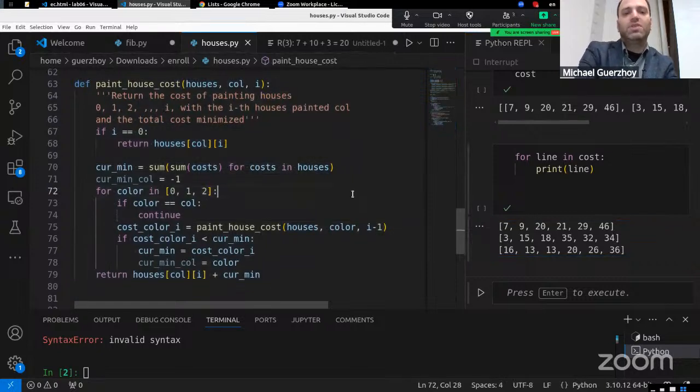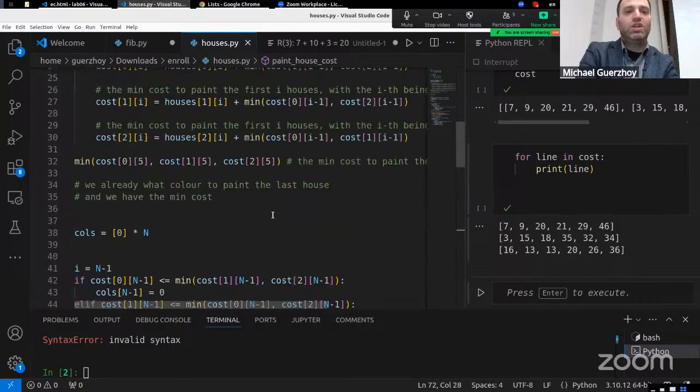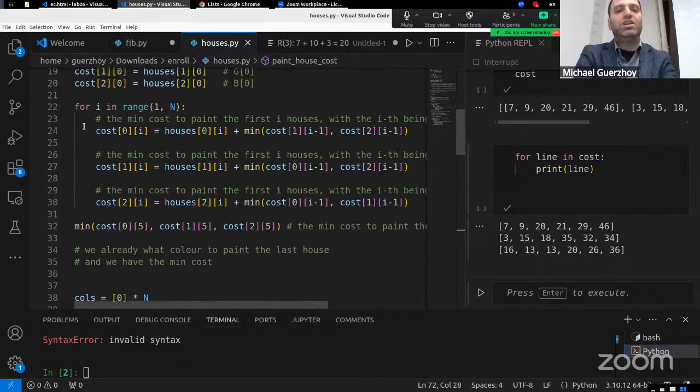So here's the same thing, except implemented recursively. What we're doing over here is we're computing cost 0 at i as this guy, cost 1 at i as this guy, and cost 2 at i as this guy.